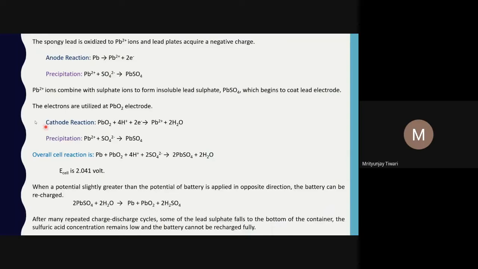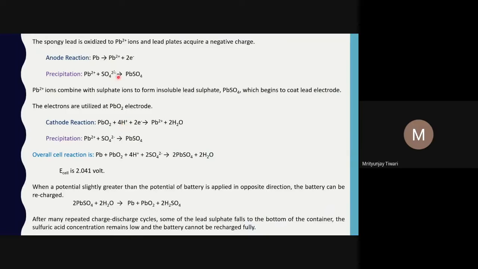The electrons that are produced here at the anode because of the oxidation of lead are utilized in the reduction of lead oxide. And this cathodic reaction, what we see, is PbO2 plus 4H plus plus 2 electrons gives Pb2 plus plus 2H2O. And this 4H plus, we know, we obtain from sulfuric acid, and H plus is required here.